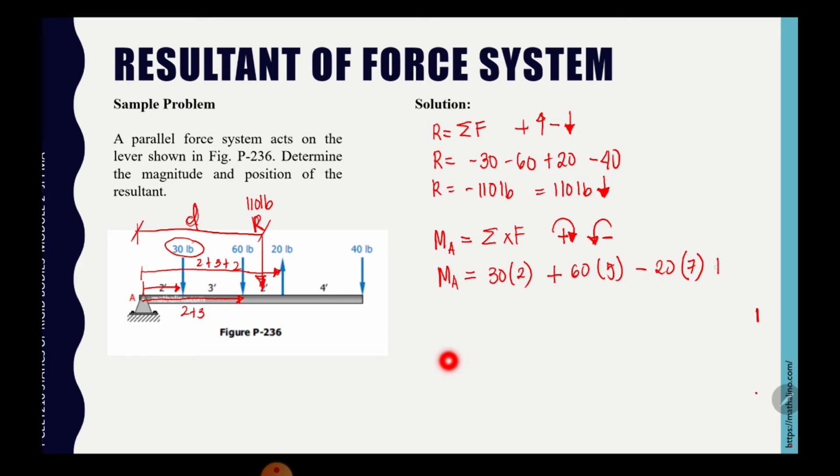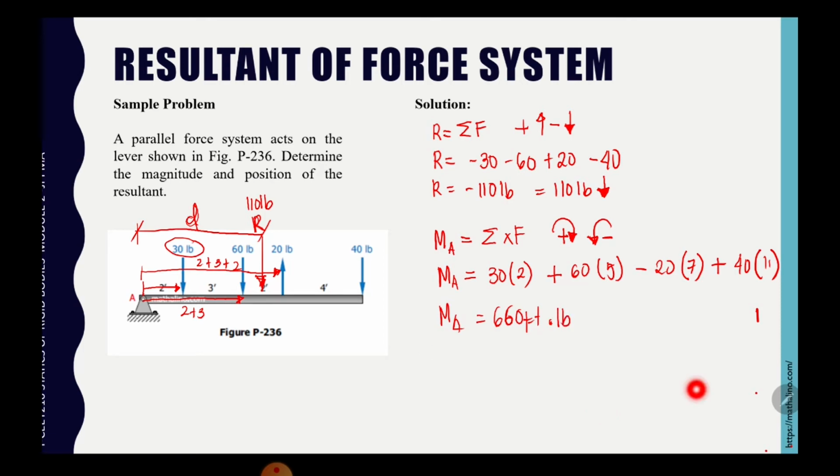Plus 40 times 7 plus 4 is equal to 11. So, ang magiging MA natin, ang sagot ay 660 feet pounds.